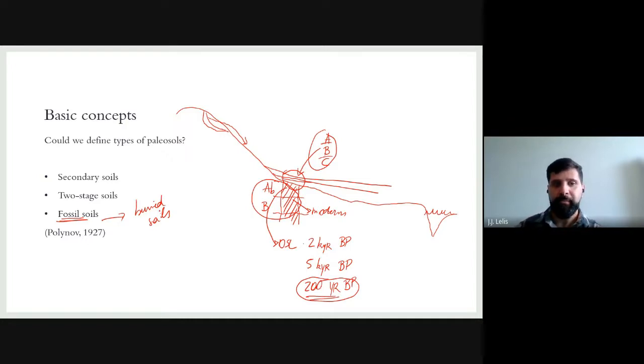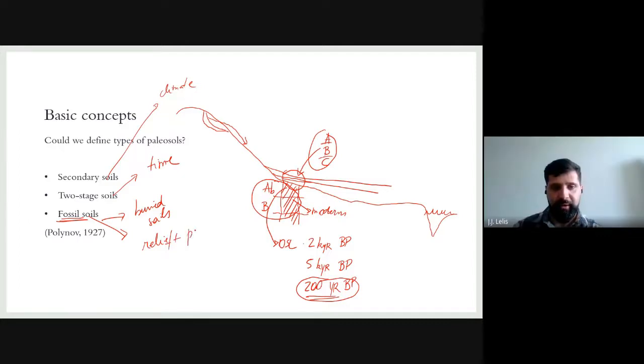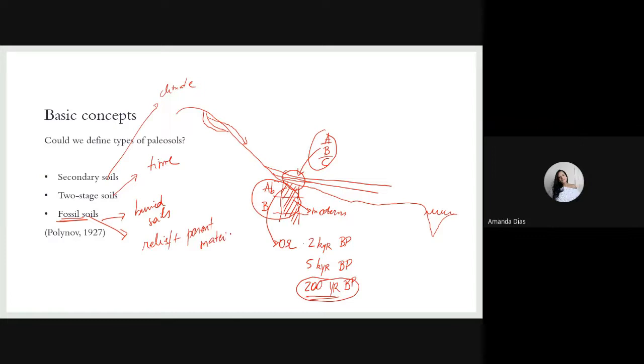So we have some paleosols that were formed by climate. We have some soils that were formed by time, and we have some soils that were formed by relief plus parent material.